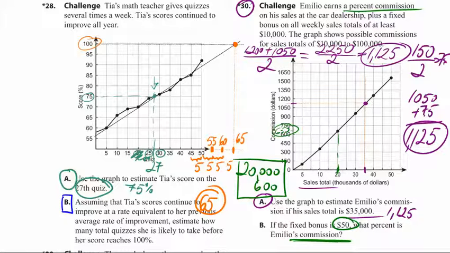If I'm going down to 10,000 in sales, right? 10,000 in sales. He's getting what? 350 approximately. So for 10,000, he's getting 350, taking out the $50 bonus, right? I will get a commission of 300.